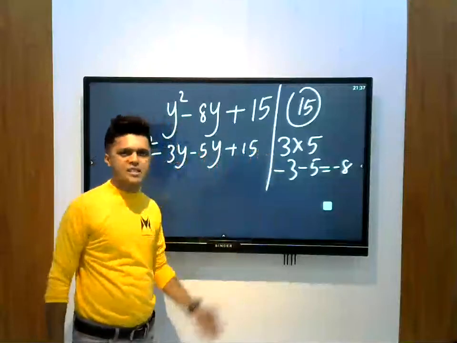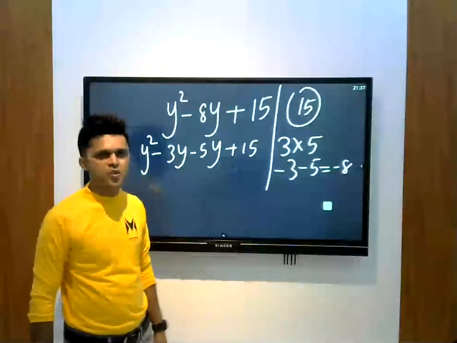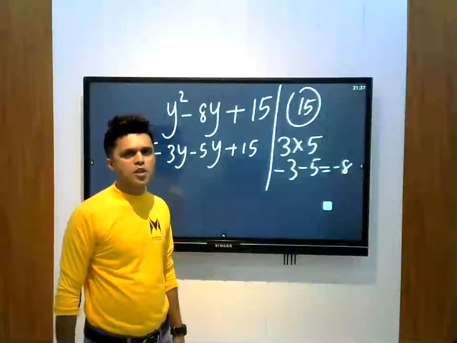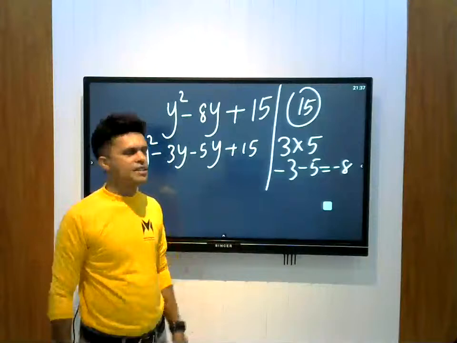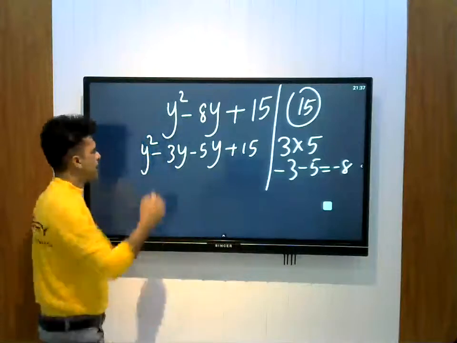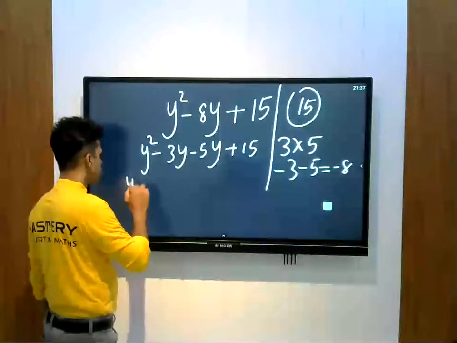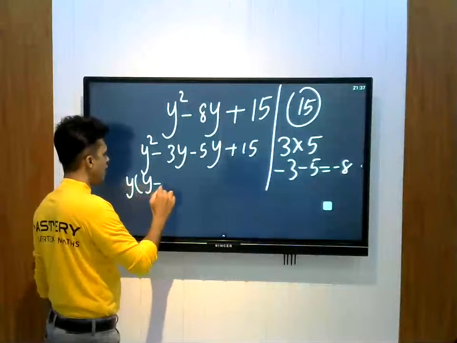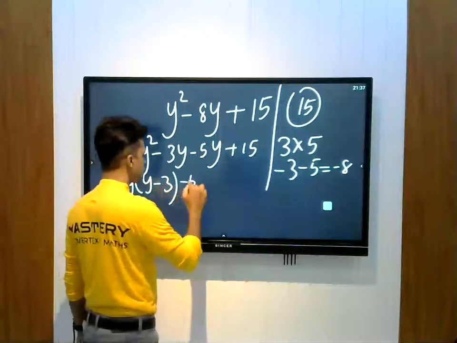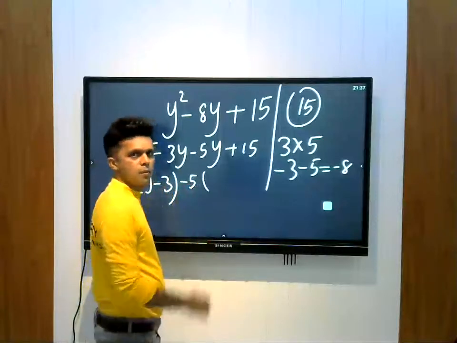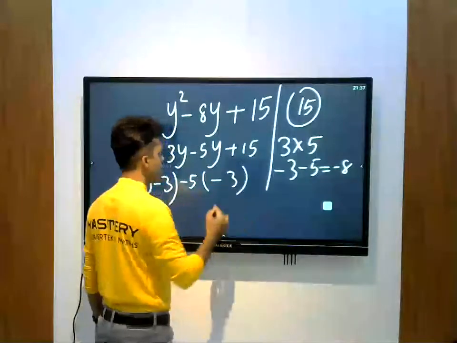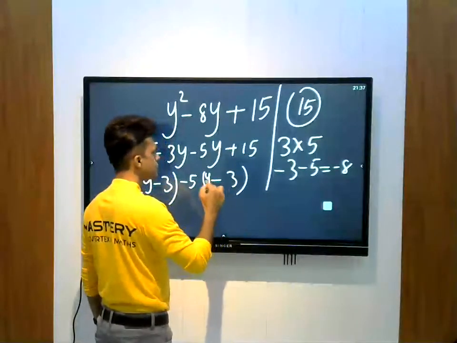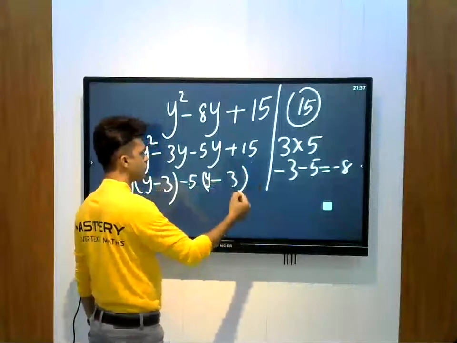I have been doing this type of sum, so I think that you are able to get an idea about the way of simplifying this type of one. Then get the term y as the common factor: y into y minus 3, minus 5 is the common factor, minus 5 into y minus 3, since minus into minus plus, 15 over 5 is 3.